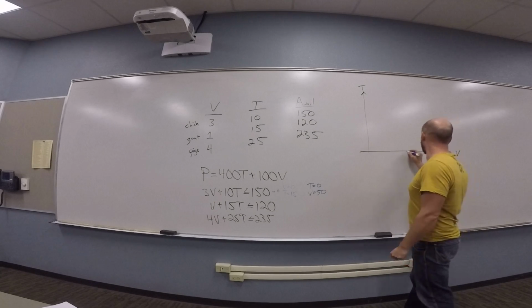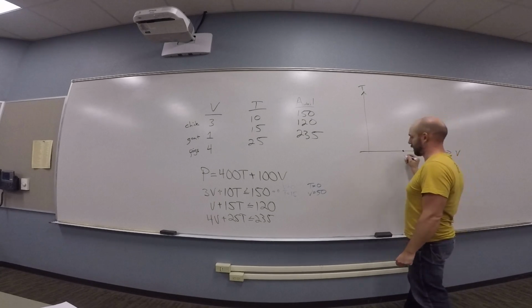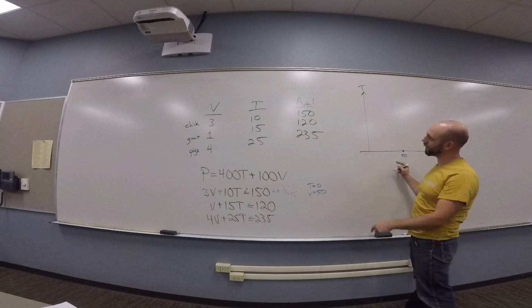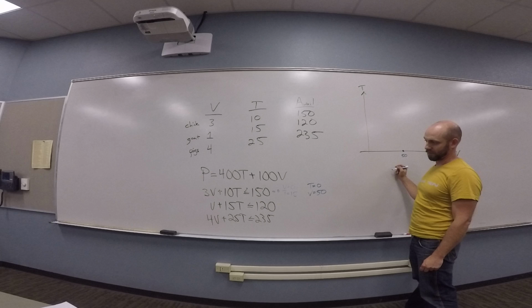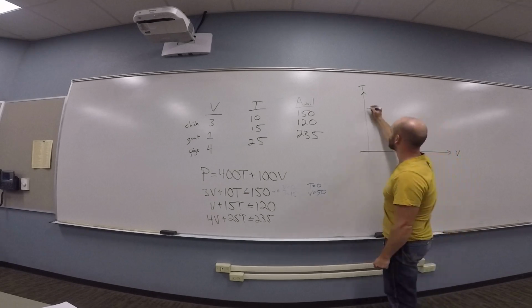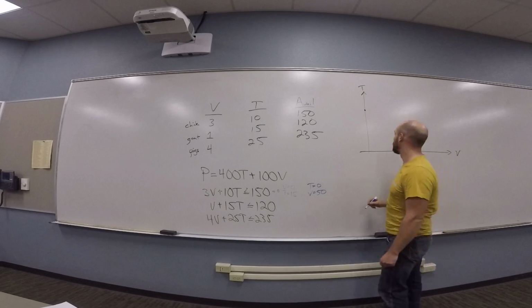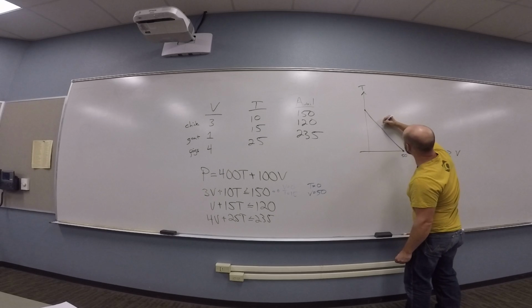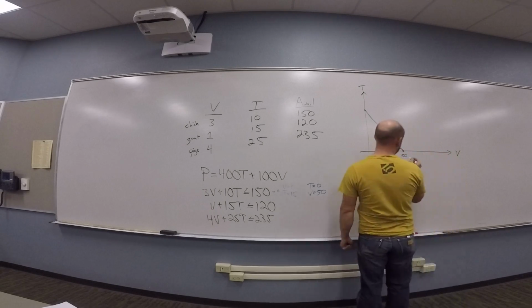So that's 50 on the V-axis, 0 on the T. And my other point is going to be 15, 0. Then draw a line between the two. Okay, cool. That's my chicken line.